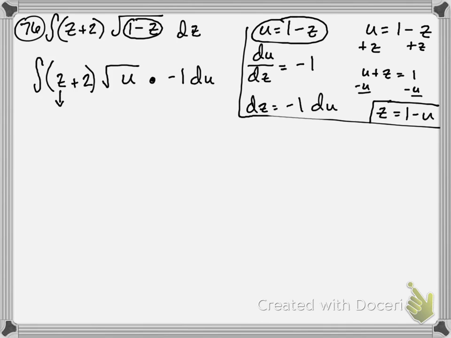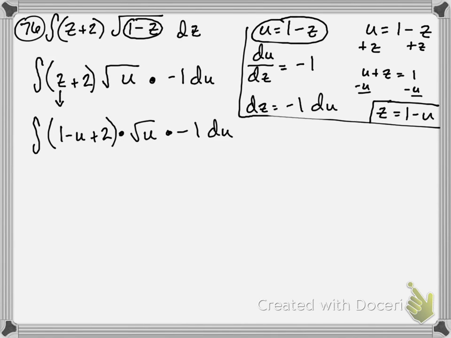Now you have something that you can plug in for z that is in terms of u, which is what you need to integrate in terms of u with that du on the very end. So that gives me the integral of (1 minus u plus 2) times the square root of u times negative 1 du.